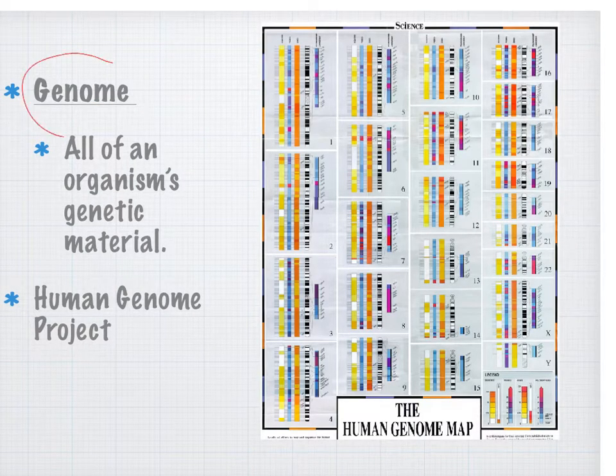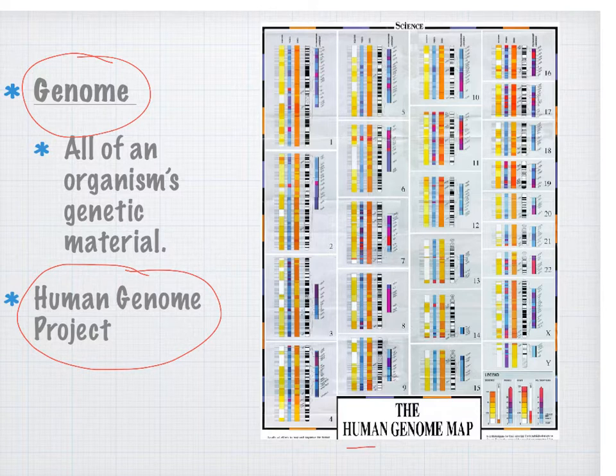A genome is all of an organism's genetic material. So literally everything that would be on all the chromosomes in a cell would be the genome. There was a project called the Human Genome Project, which set out to map all the human chromosomes and tell what genes did what on each chromosome.